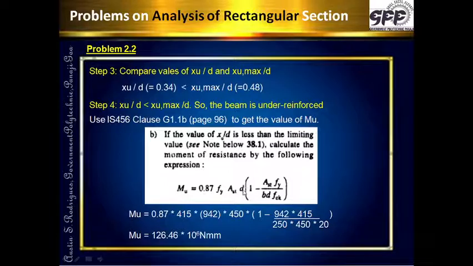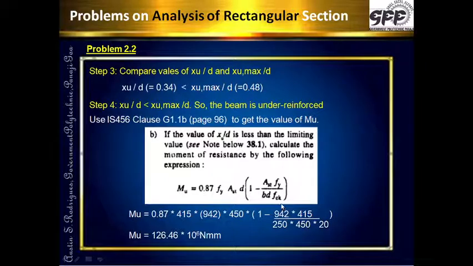The effective depth is 450 into bracket 1 minus Ast is 942, which has been calculated. Fy we already know is 415. B, the value of B is the width of the beam, that is 250 mm. The effective depth of this particular beam is given to be 450 mm.